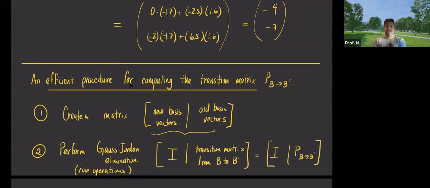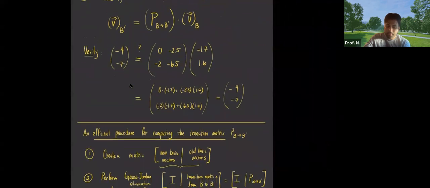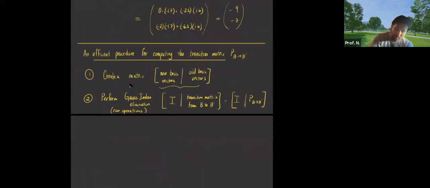And just to make sure that this is indeed okay, let's do that with this example. So going back to the example, the idea is that we have the new basis vectors. What are my new basis vectors? They were 1, 3, negative 1, 1, negative 1, right?